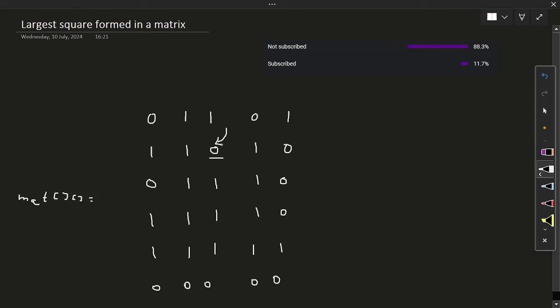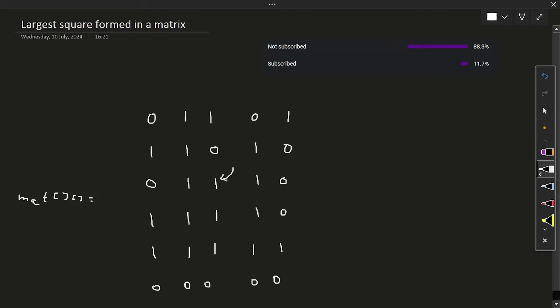We don't have to take the 0th cell, we will only take the 1st cell. So this is the cell, and we have to take the minimum value from above, from this cell and from this cell. The minimum is 0, so we will add 0 here. Let's jump on to the next cell. Take the minimum from the neighbors. The minimum is 0, so add it at this cell, so this will be 1 only.